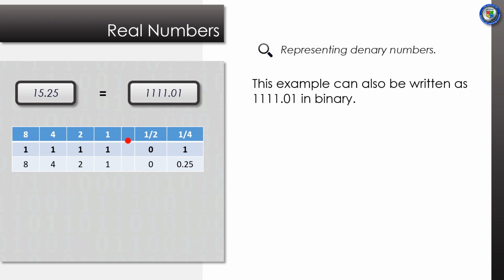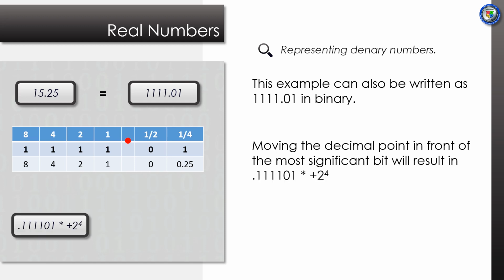The same example can also be written as 1111.01 in binary. Moving the decimal point in front of the most significant bit will result in 0.111101 times plus 2 to the power of 4.